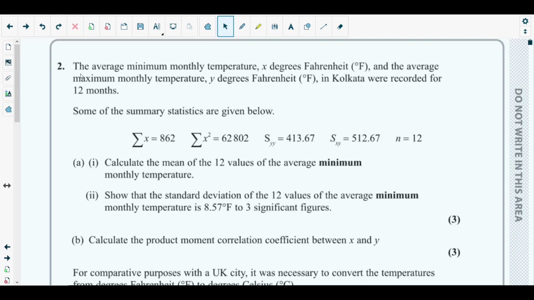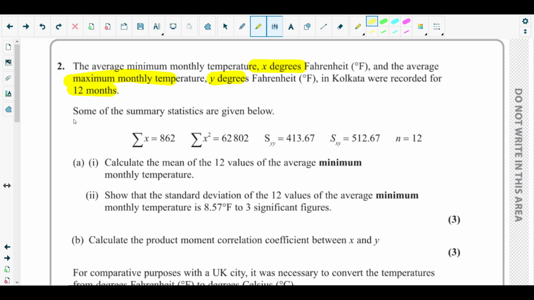The question says the average minimum monthly temperature is x degrees Fahrenheit, and the average maximum monthly temperature is y. These were recorded in Kolkata for 12 months.